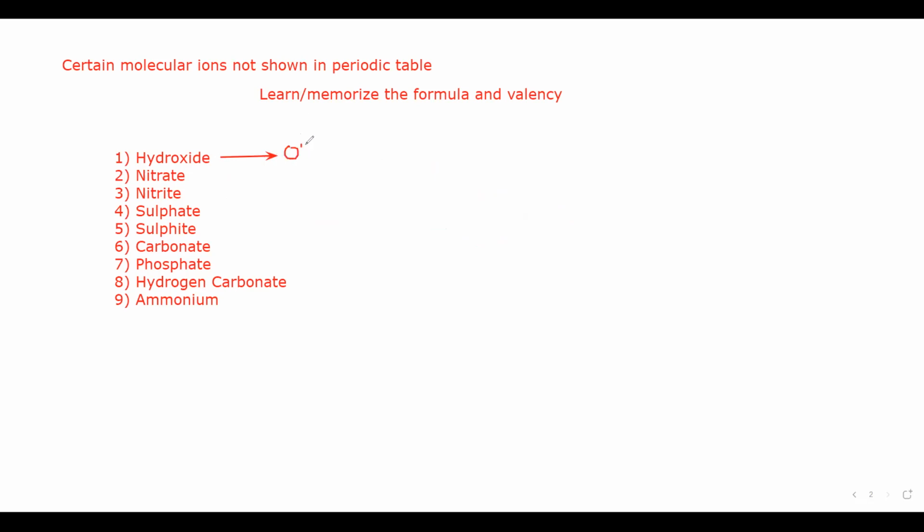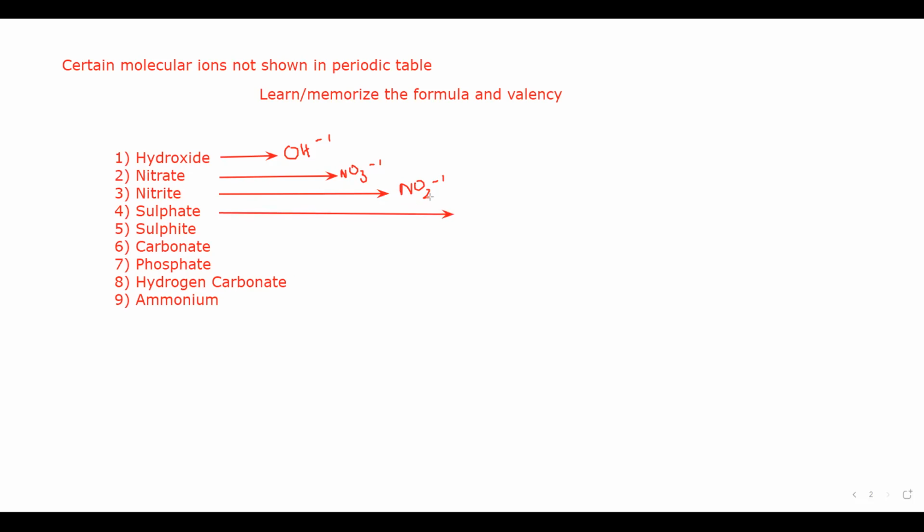So hydroxide is OH with a valency -1. Nitrate is NO3 with a valency -1. Nitrite is NO2 with a valency -1.